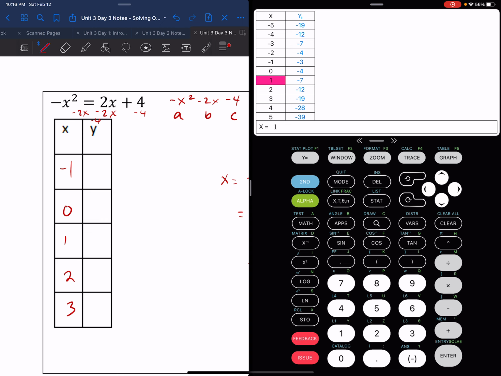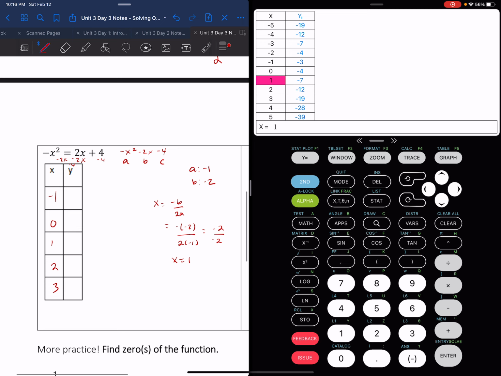And hopefully I'm not making a mistake. I'm going to check. I need to check and see if I didn't make a mistake, because that's not what you want to do. So that's going to be negative times -2, and then 2 times -1.